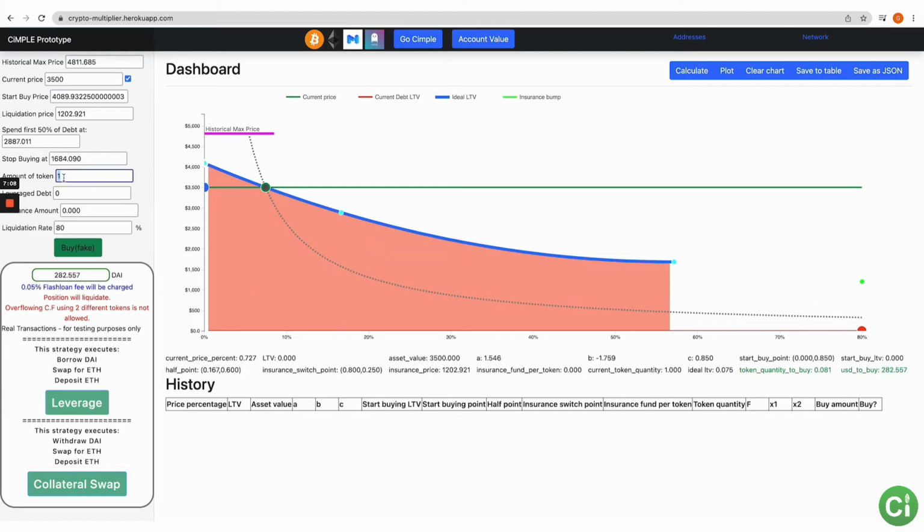So right now you have 1 token worth 3,500, but if your 1 token is worth 2,000, then your $282 worth of debt is a higher percentage loan to value, right? So this gray dotted line tells you what it's going to be. This green line tells you what's the current price. This dot allows you to click and drag. Now if you see, and let's do a fake buy this way.